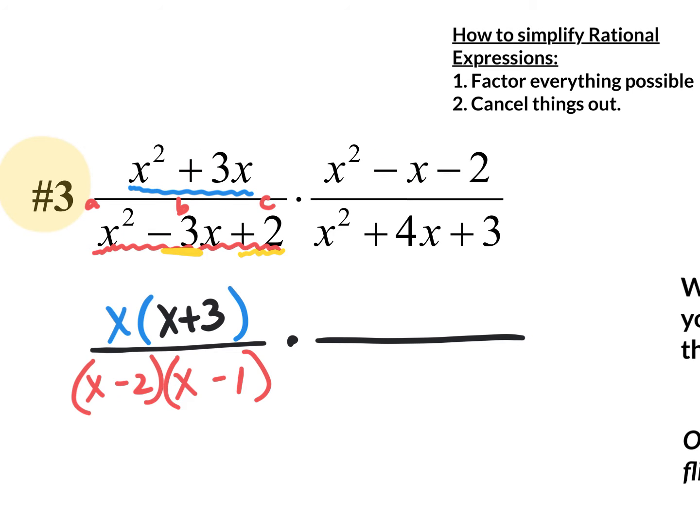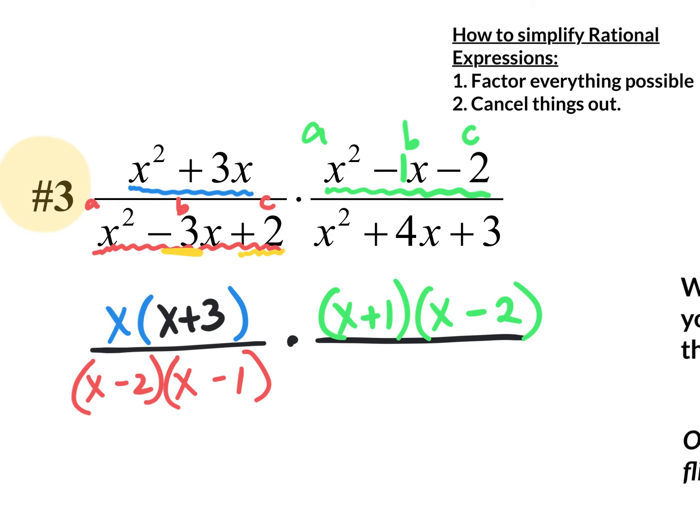Let's factor that one. Over here, we have a quadratic trinomial. Again, the a value is 1, c value is -2, b value is -1. So jump right into our factored form format with x, and we think what times what is -2, the c value, that if I combine together is -1, the b value. So what numbers belong in there? +1, -2, or -2, +1, doesn't matter the order, as long as you have the right pair of numbers, right?